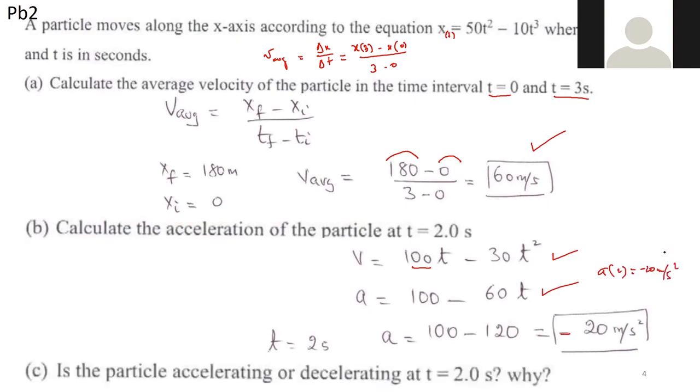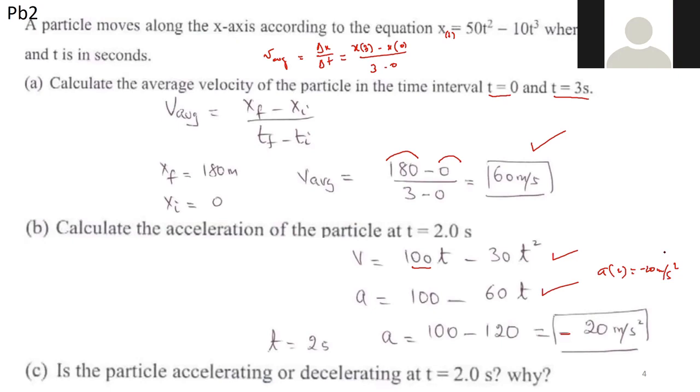Now, the final question: is the particle accelerating or decelerating at t equals 2 seconds? Why? What do you think? Is my particle accelerating or decelerating? Decelerating. Excellent. How did you get it?